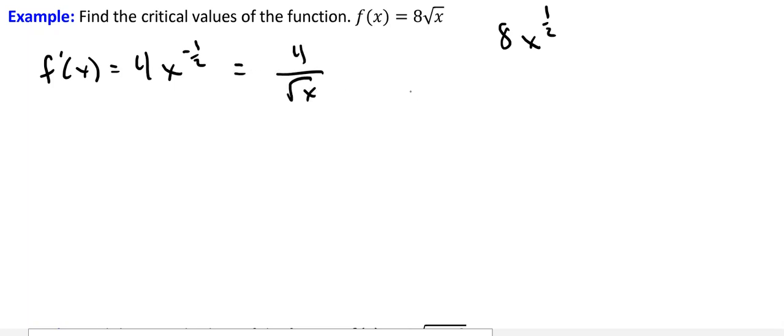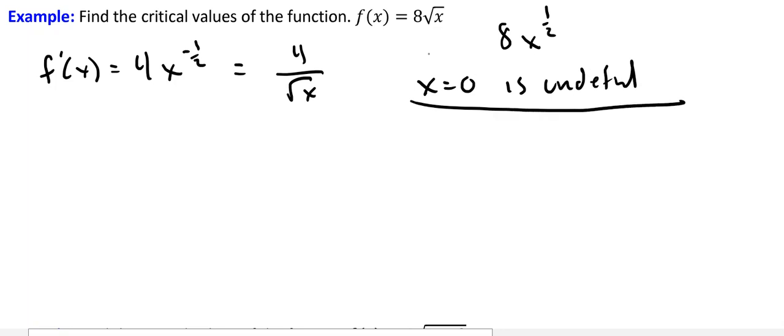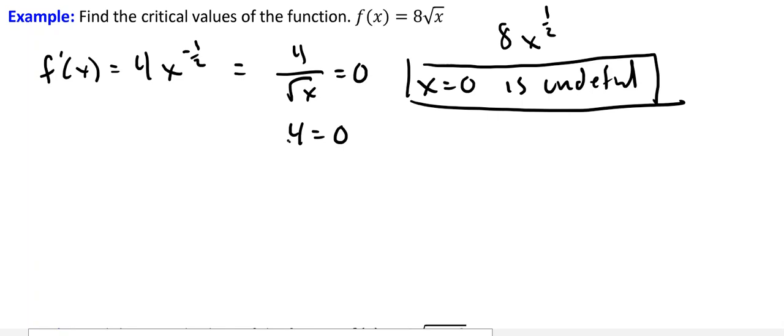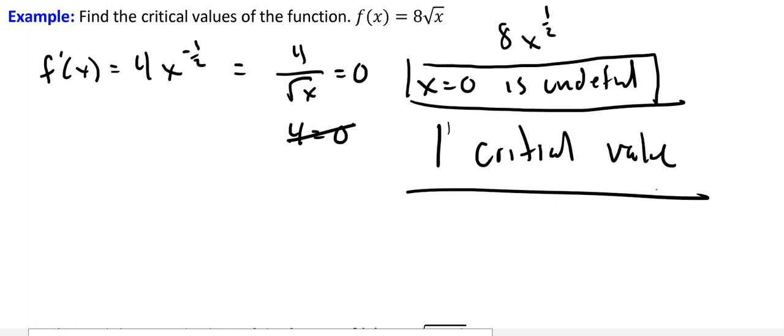So x equals 0 is undefined. So that is a critical point. Where else are we going to have a critical point? Well, when we set this equal to 0, we end up with 4 equals 0, which gives us nothing. So we have one critical point or value at x equals 0.